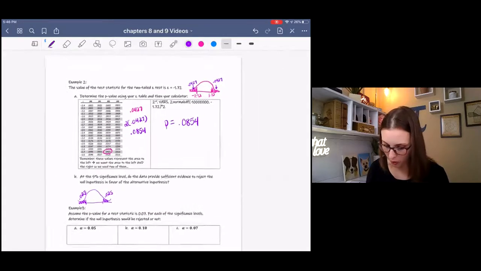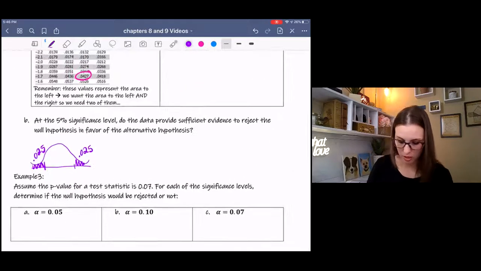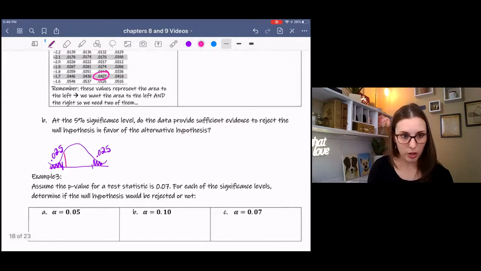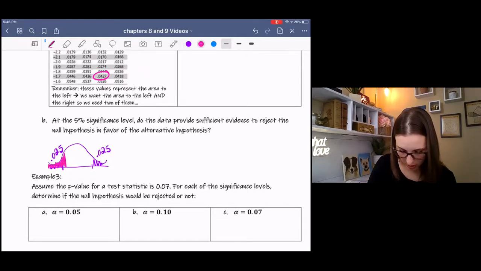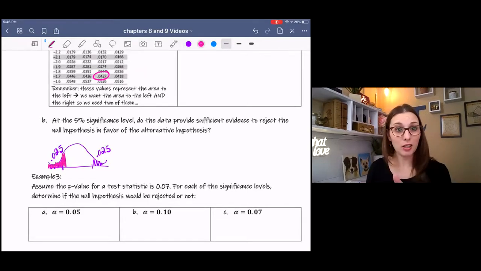This is a horrible sketch, but I'm just sketching it. So 0.0427 is actually outside of our rejection zone.